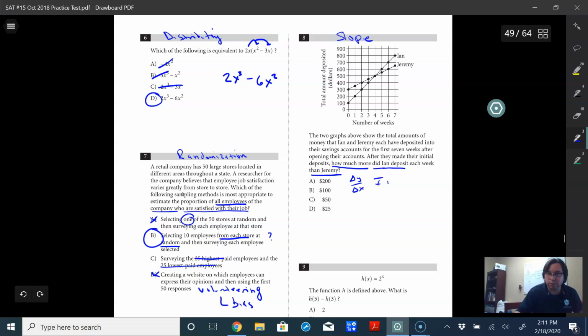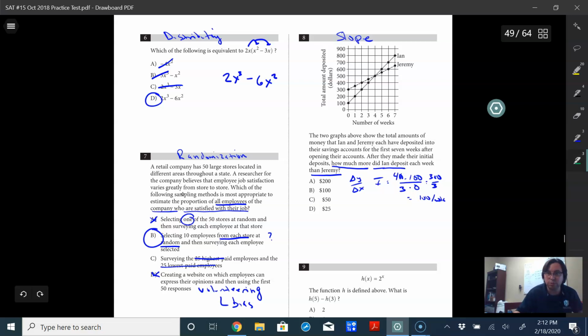So for Ian we have (0, 100) right there, and let's pick another point, which is (3, 400). So what we end up getting is 300 over 3, which is equivalent to 100 per week. Okay, so that's Ian.